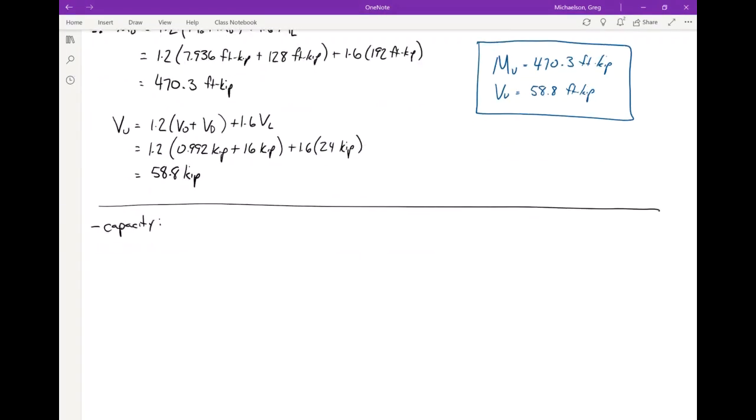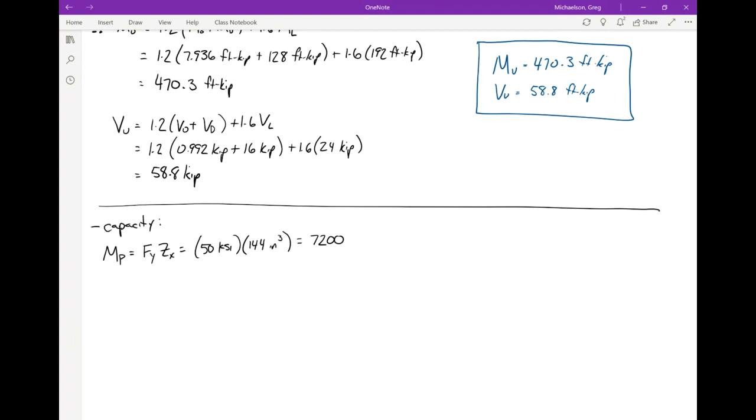First off, let's compute Mp. Mp is Fy times our Zx quantity. Again, that's just from the lecture last time. So that's 50 ksi, and Zx was 144 cubic inches. If you chug this out, 50 times 144, you're going to get 7,200.